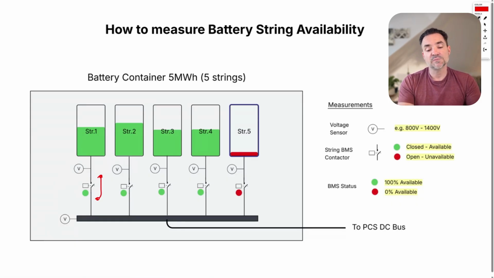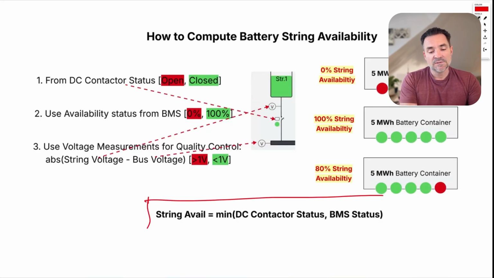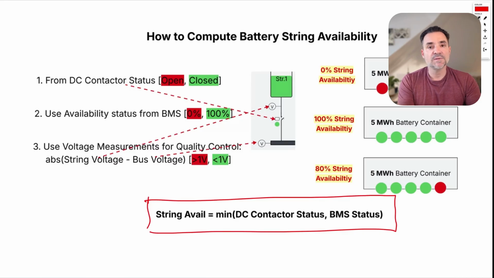So you could compute the delta and detect if the contactor is open or closed. In general, to compute the string availability in percent, you'll take the status of the contactor and the BMS status. You take the minimum of the two in case one is not accurate, and that will give you your string availability. This number is going to be in percent or in ratio 0 to 1.